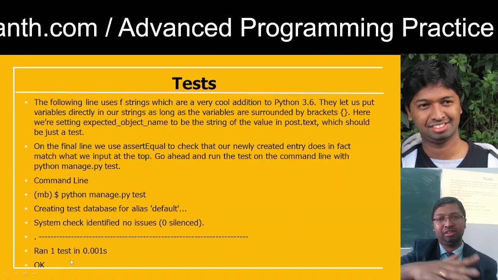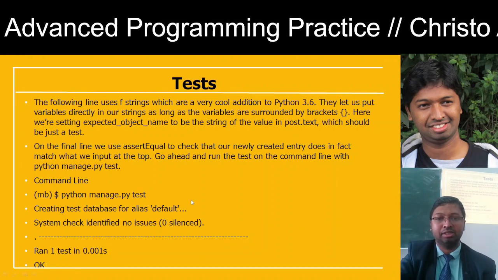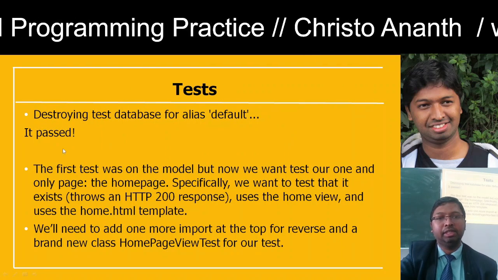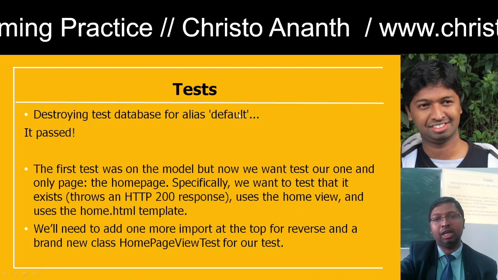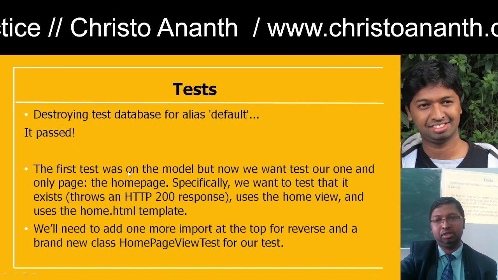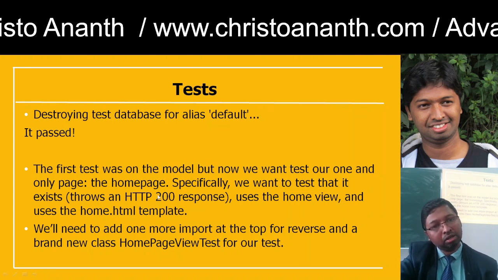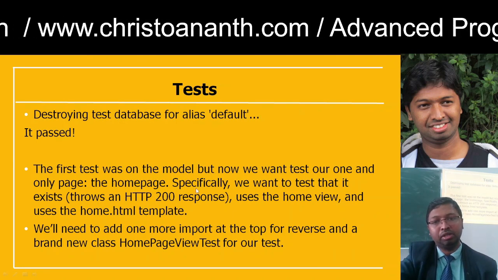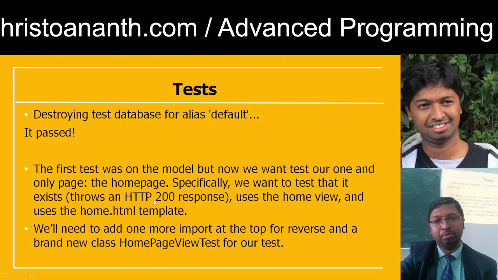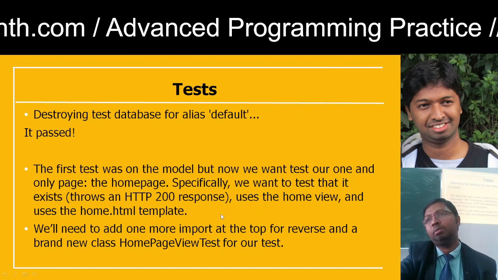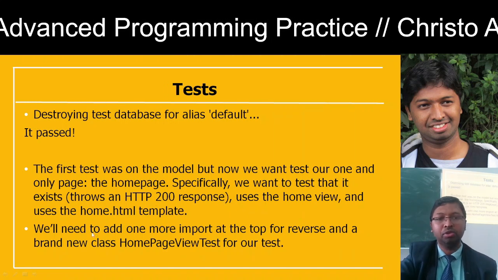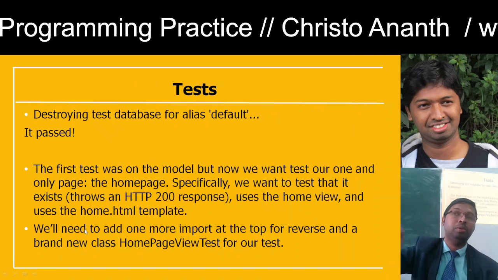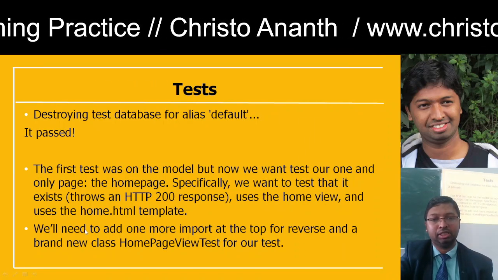Okay, this is how it runs the test. And then destroying test database for alias default, it passed. Okay, right. For example, you can also test an HTTP 200 response, maybe it will be using the home view, and it will be pointing to the home.html template.